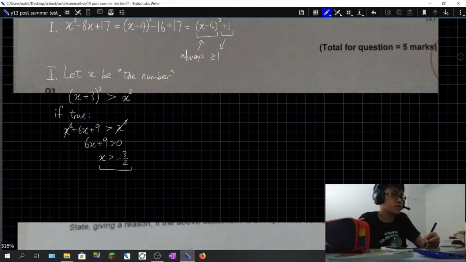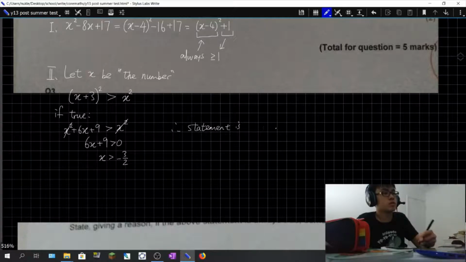But if x is bigger than negative 3 over 2, then it is true. That means, I'm just going to write that down, the statement is true when x is bigger than negative 3 over 2. So, not always true.